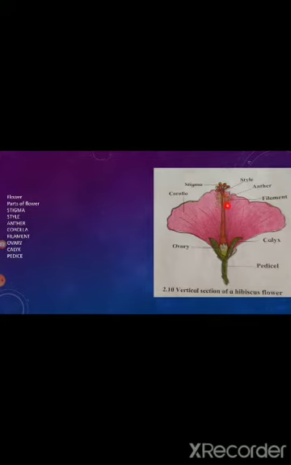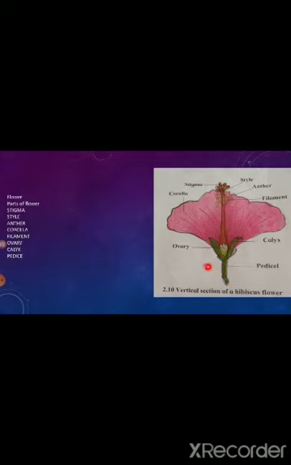Here are the two parts, anther and filament. Here the green color is the ovary, and to cover this ovary there is the calyx. And here a single line is the pedicel. This pedicel is attached to the tree or plant.